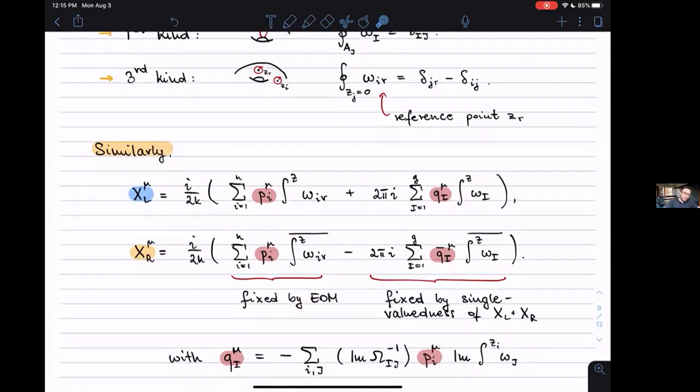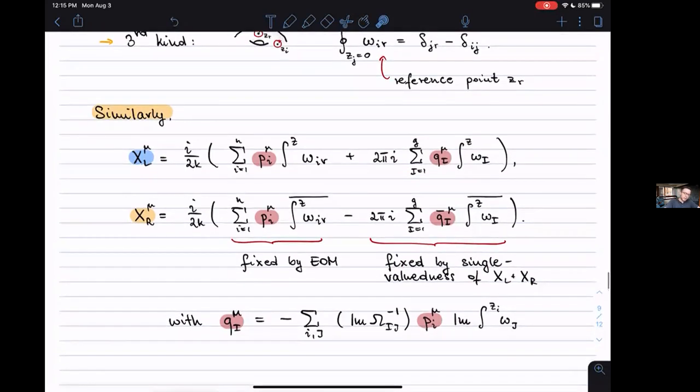And then you might be slightly worried about the other pieces because equations of motion do not fix them. However, imposing that the composite field x left plus x right is single valued on your Riemann surface implies that this coefficient up front, Q, has a specific form. And that specific form only depends on the moduli of the surface, abelian differentials, and the external data. So actually, these edge modes are completely fixed.